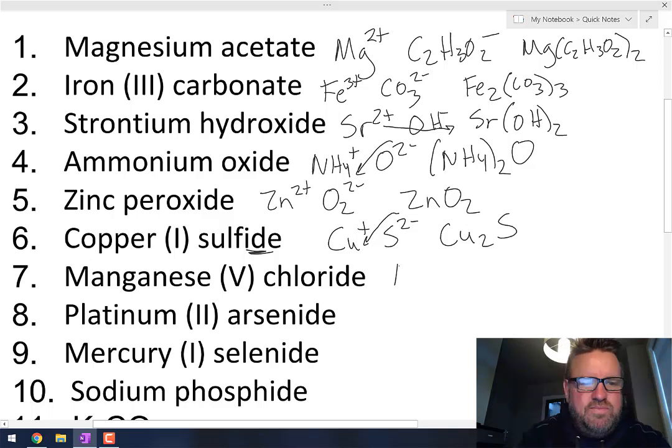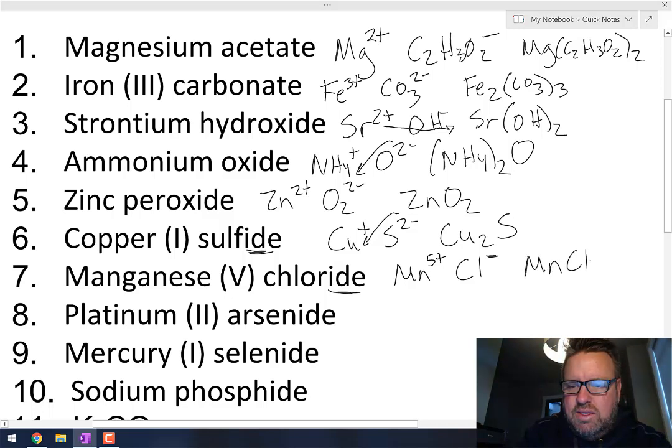Number 7, manganese 5 means that manganese has a +5 charge. Chloride is not chlorate. It's chloride, which means it's chlorine. So it just has that -1 charge from the periodic table. And you get MnCl5. Number 8, platinum 2 arsenide. Platinum is Pt. And again, obviously you're not as familiar as I am with these.